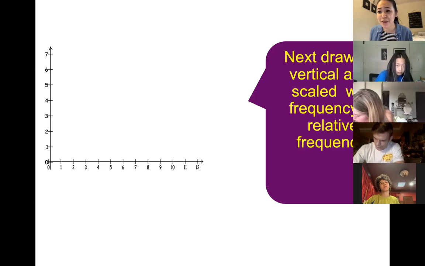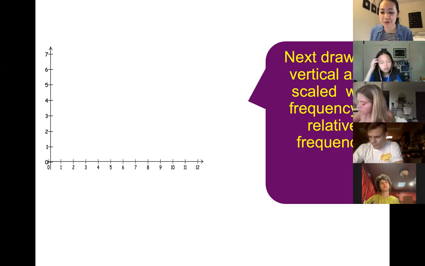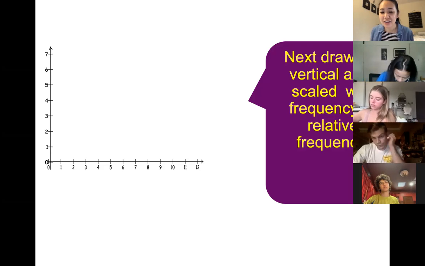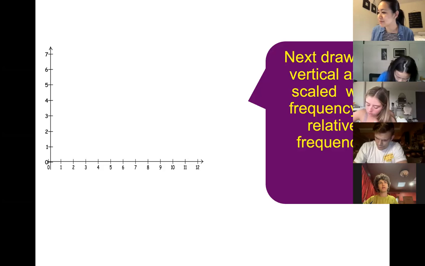Okay, so I'm going to assign people to a number and just count how many times that number appears in the data set. Okay, so Alyssa, I'm going to put you down for 1. Vic, you have the number 2 partners. Luca, you're on 3. Lily, you got 4.